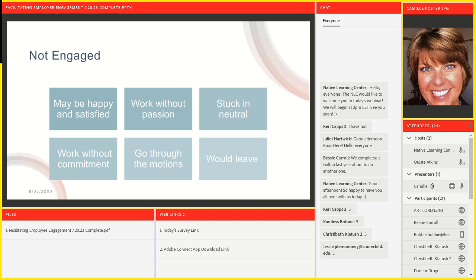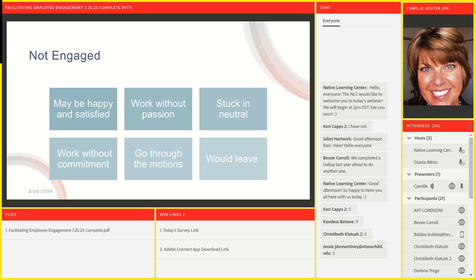So these employees are not necessarily hostile or disruptive. They may be satisfied with their job, but they're really not working with passion. You really don't see energy and commitment out of them. They're the ones at 5 o'clock on the dot running out the door. And I'm not talking hourly employees, but someone who is a salaried employee and they're watching the clock trying to get out the door.